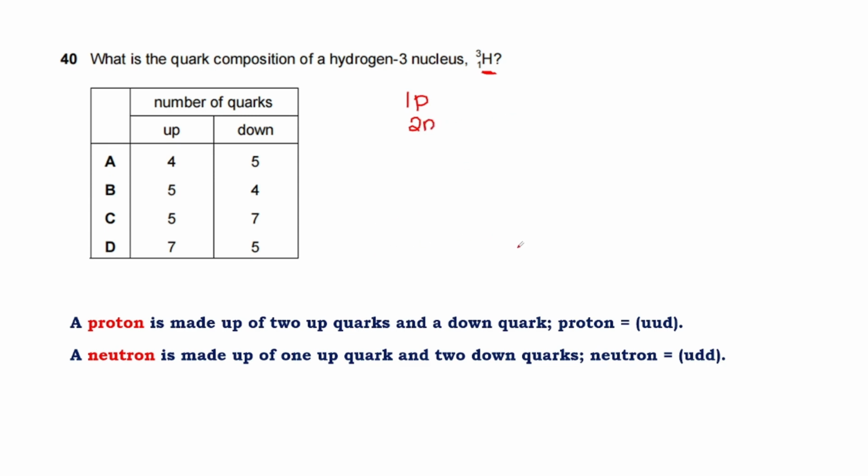A proton has 2 up quarks and a down quark, and each neutron is UDD. So here there are 4 up quarks and 5 down quarks. So option A is the correct answer.